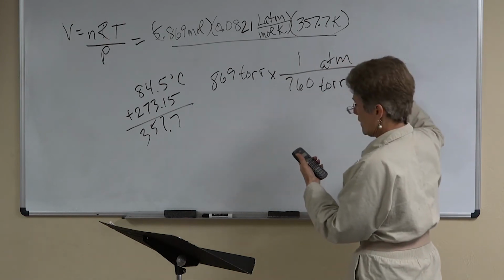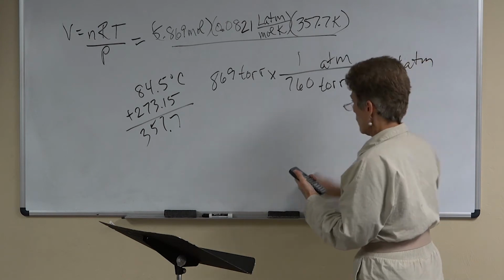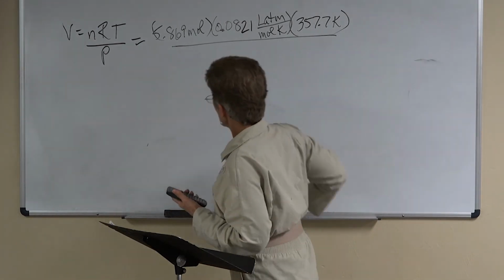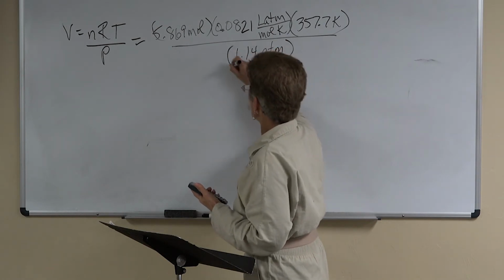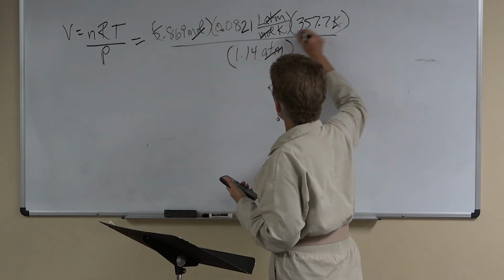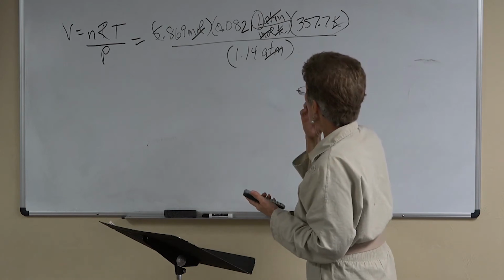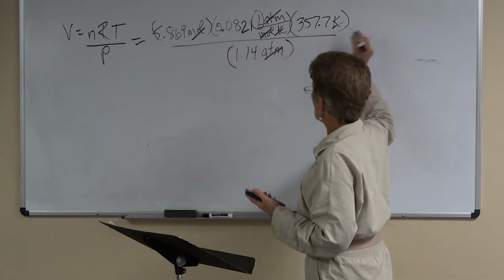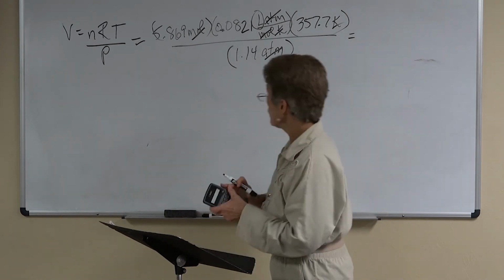And so this is going to give us 1.14 atmospheres. So I'm going to put that in. 1.14 atmospheres. Now the atmospheres will cancel, moles will cancel, Kelvin will cancel. We'll be left with liters, which is what we're looking for. We have three significant figures, 4 in a couple places, but 3 in 2 other places. So we're going to want our answer to be in 3 significant figures.